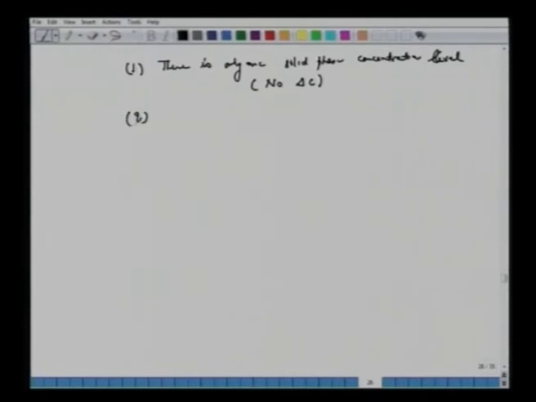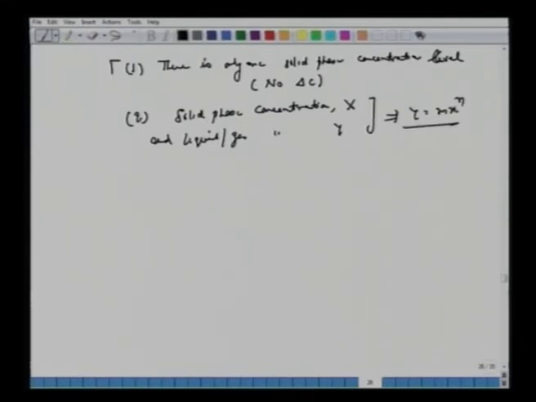And number two, the solid phase concentration X and the liquid, or in other cases gas phase, concentration Y are given by the equilibrium, Y equal to m X to the power n, say a Freundlich isotherm. These are the consequences of our assumption that this is interphase mass transfer control.